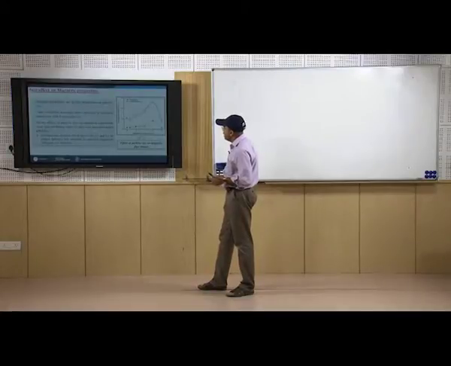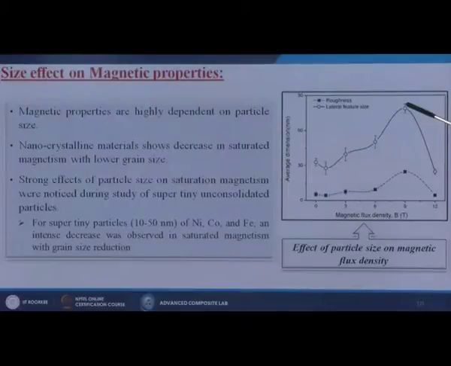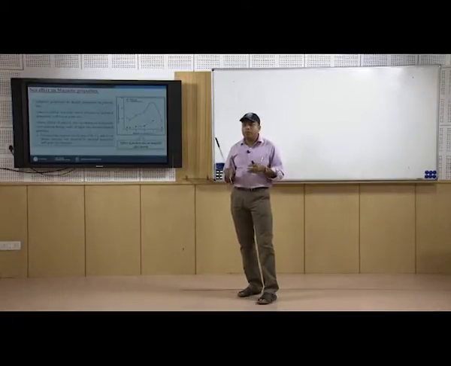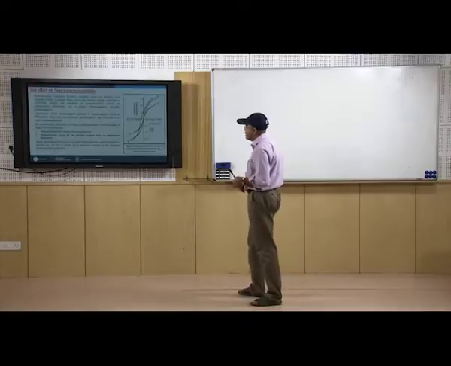You can see that when the particles' average dimension increases, the magnetic flux density is also increasing, but when the particle size is decreasing, the magnetic flux density is also decreasing. So, in that particular case the size effect of the magnetic properties totally depends upon the particle size of that particular material.